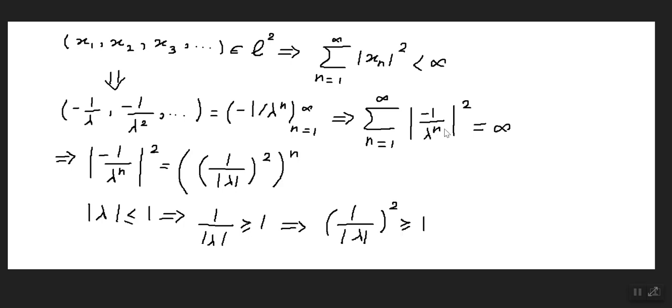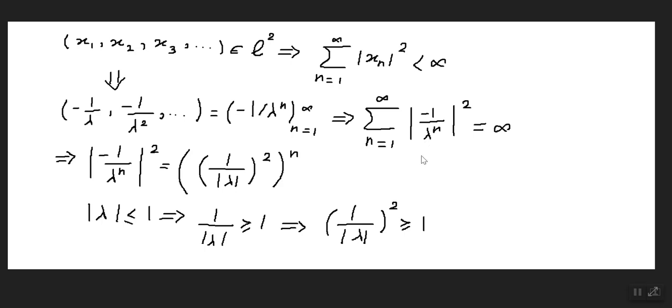So it means this is a geometric series. Look at here, this equals this. This is a geometric series, and the common ratio here is greater than 1. So if we have a geometric series such that the common ratio is greater than 1, that geometric series is divergent. Okay, so this is our contradiction.